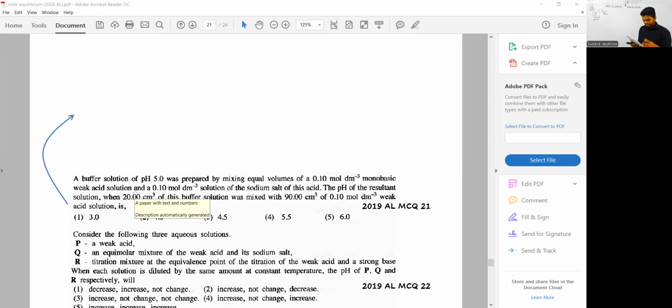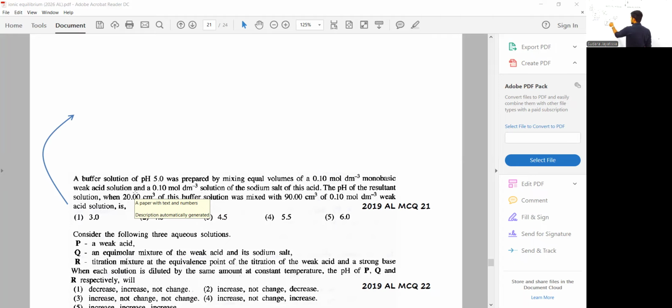Then it says the pH of the resulting solution when 20 cm cube of this buffer solution was mixed with 90 cm cube of 0.1 N HA. So you take 20 cm cube of this buffer, which has both HA and A minus, and you are adding 90 cm cube of HA.